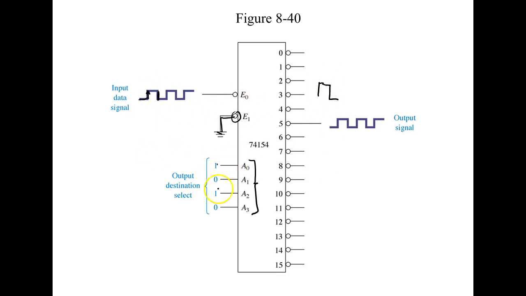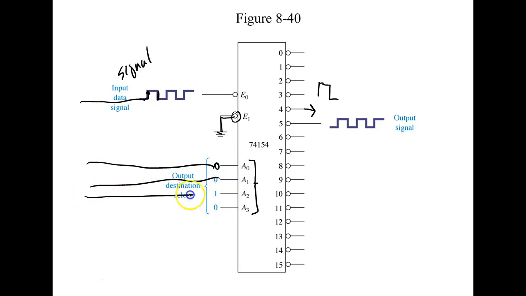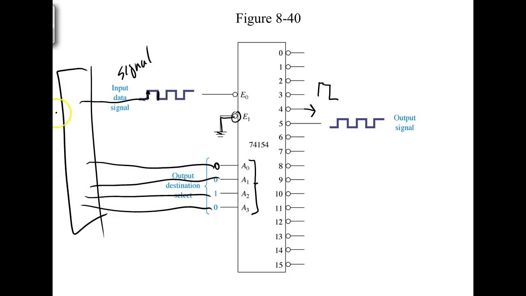But if I came over here and did this, then output 4 would be switching with the input. So this would be our signal. These would be the lines coming over from my multiplexer. And whatever's coming in on input, let's say input 3, let's say it's doing something weird like this.